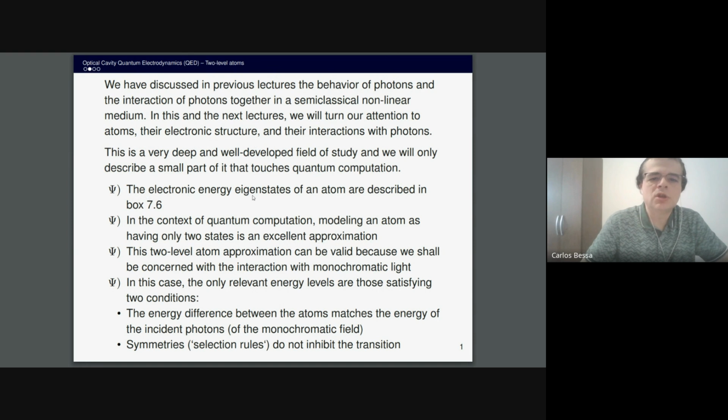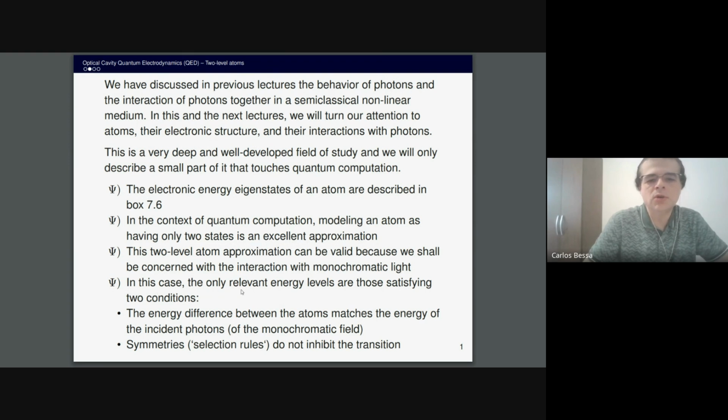So the electronic energy states of an atom are described in box 7.6. In the context of quantum computation, modeling an atom as having only two states is an excellent approximation. So when we are modeling to do quantum computation, we are considering what we call two-level atoms. This two-level atom approximation can be valid because we are concerned with the interaction with the monochromatic light that we studied in the previous lecture.